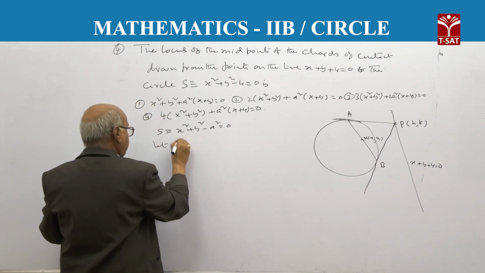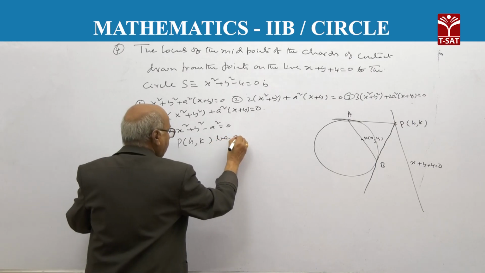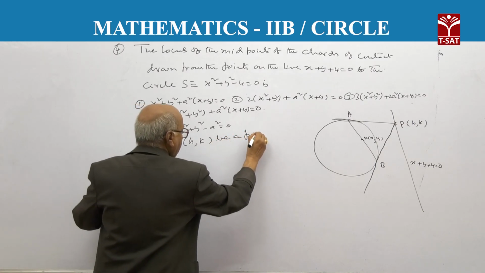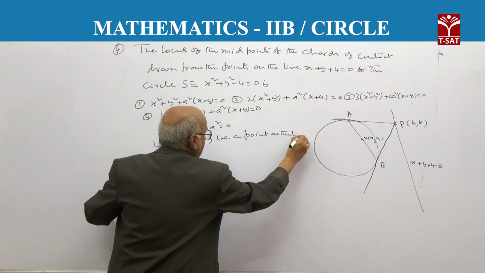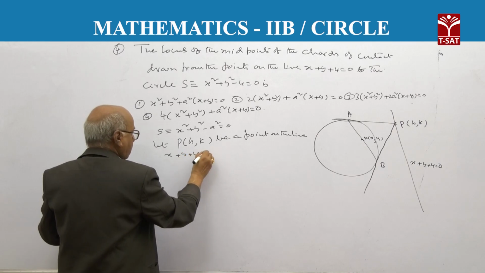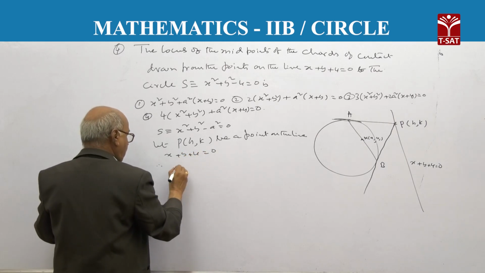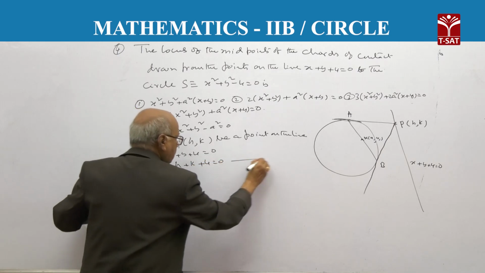Let (h, k) be a point on the line x plus y plus 4 equal to 0. So, therefore, h plus k plus 4 is equal to 0.